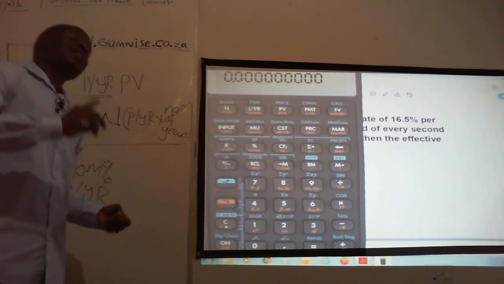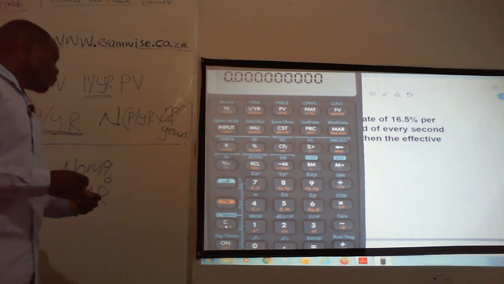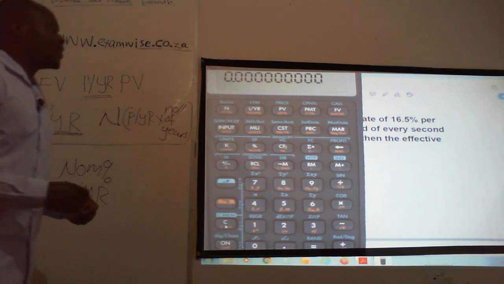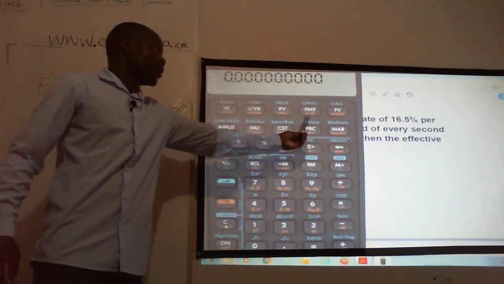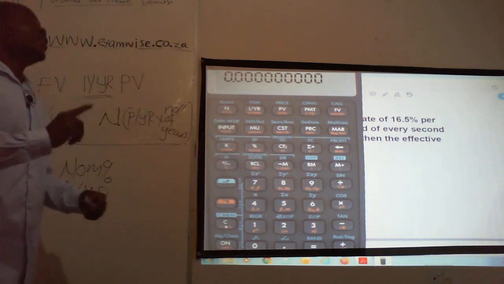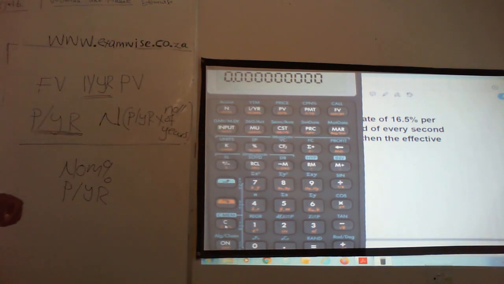So to access everything in orange, we must start by pressing the down arrow. And our P over YR is also on the PMT button just below the PMT in white, and it is also in orange. So to access everything in orange, we must always start by pressing the down arrow.